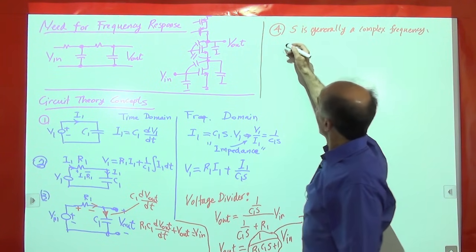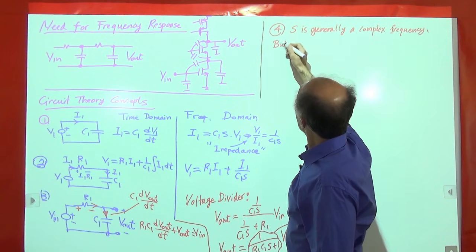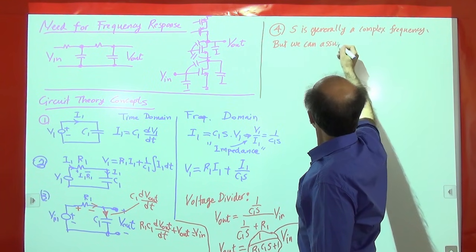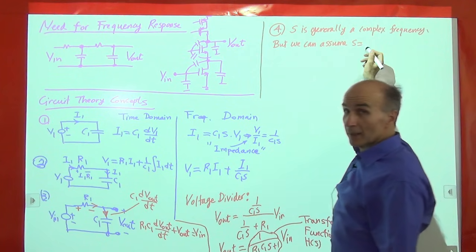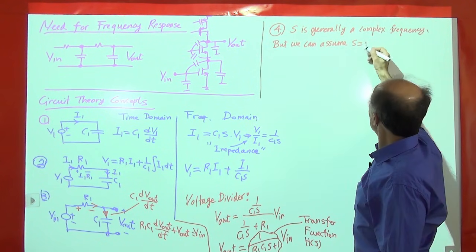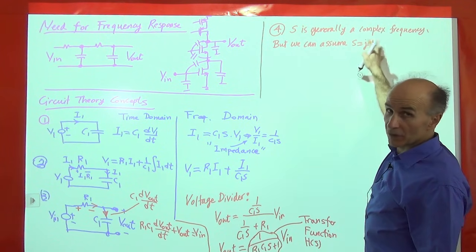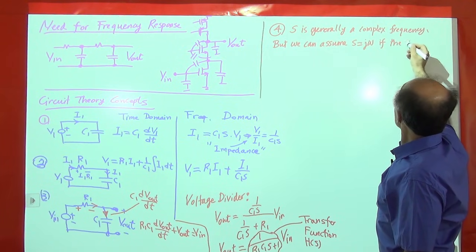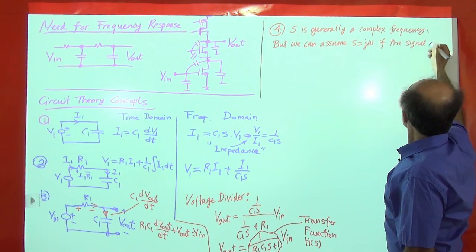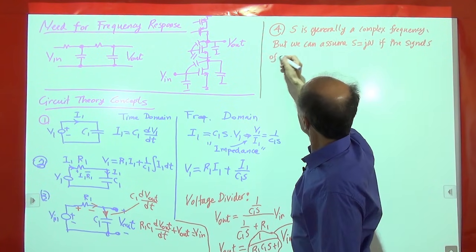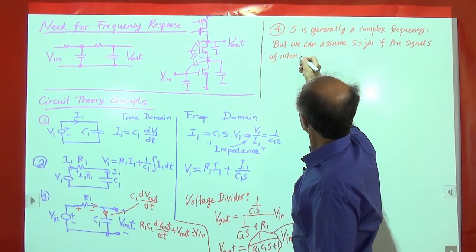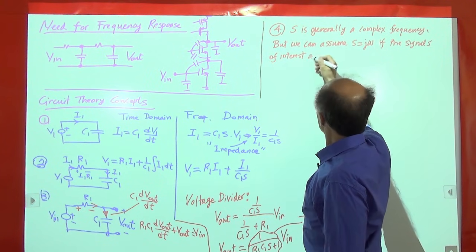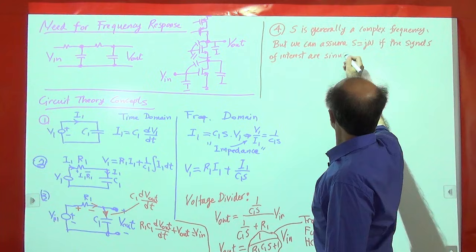But we can assume S is just an imaginary number, j omega, so it doesn't have a real part, it's just imaginary, if the signals of interest, the input signal, the output signal, all the signals are sinusoids.